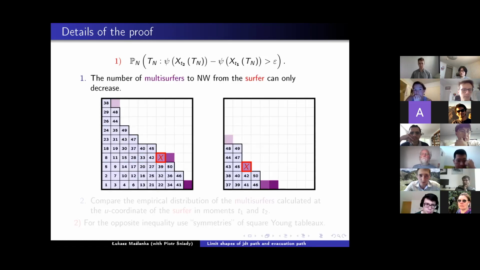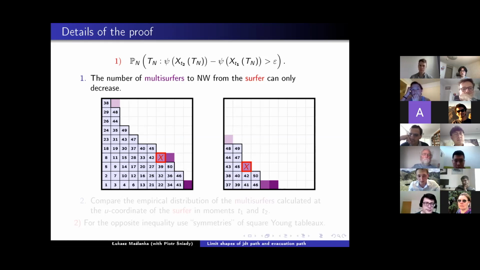For this, we first make an observation which says that if we have multi-surfers southeast, so to the right and below the surfer, they cannot jump to the left and top of the surfer. So the multi-surfers which are southeast of the surfer, after applying jeu de taquin, cannot jump northwest of the single surfer. So their number can only increase.